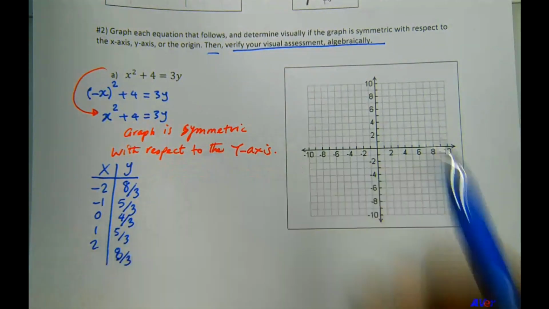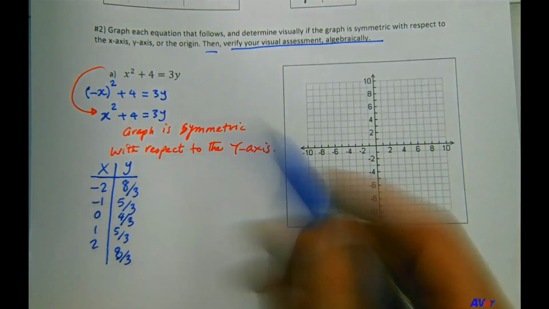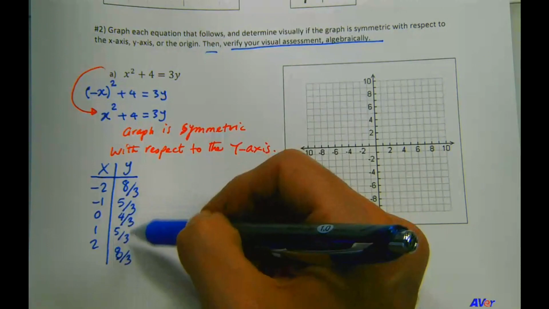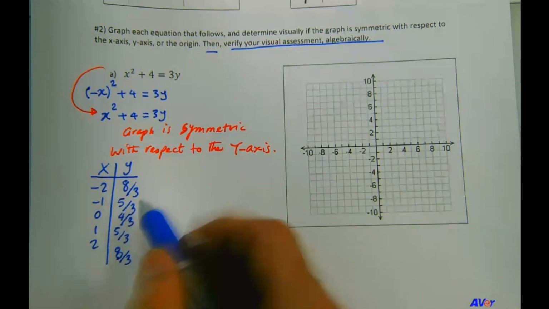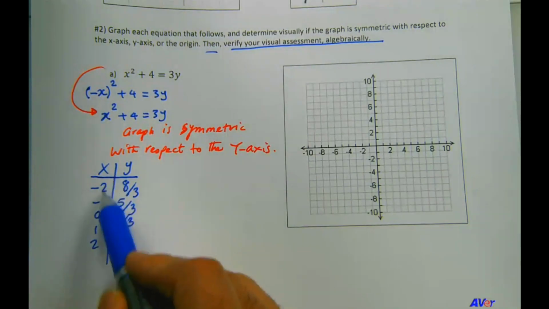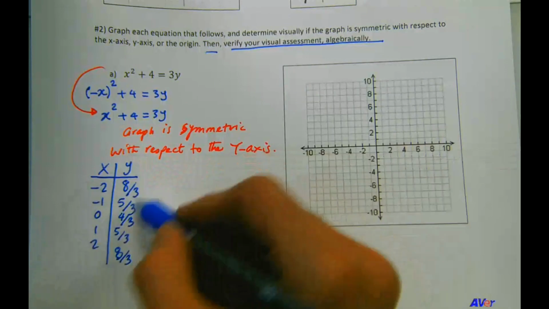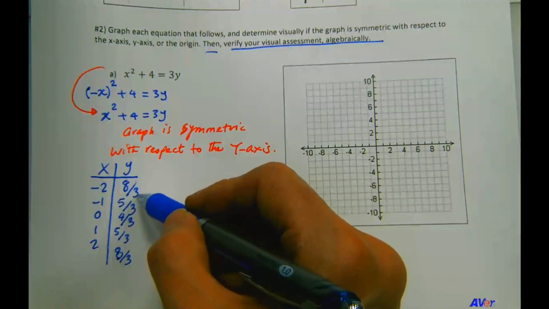Okay, so obviously this is an even function. Let's graph this. These numbers are a little bit awkward. These are fractions, but I think we can make them work. So when x equals minus 2, that would be here. Y is 8/3, which is a little bit over 2.